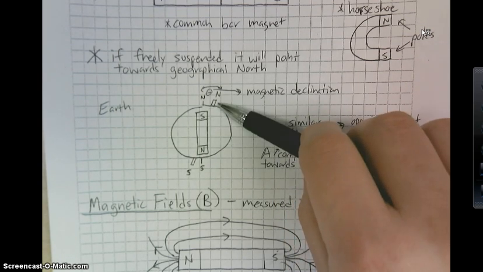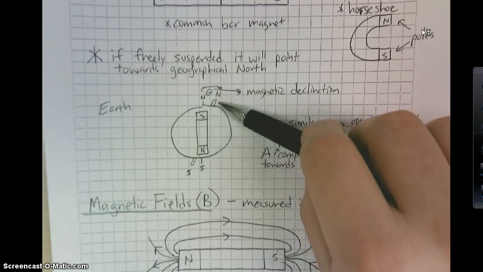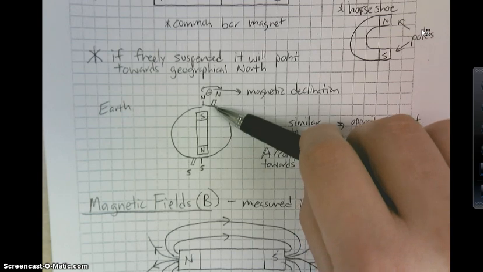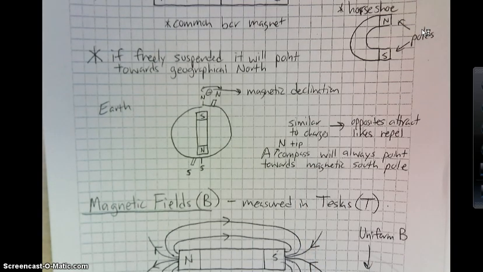But technically, if the compass moves towards magnetic north, it's actually being attracted to a magnetic south pole. So even though we have a geographical north pole, technically it is a south magnetic pole, which is sometimes interesting to think about.